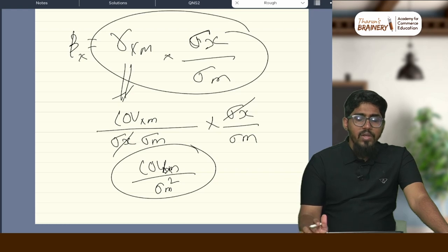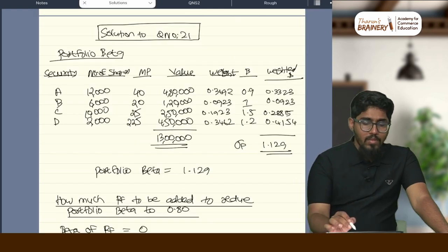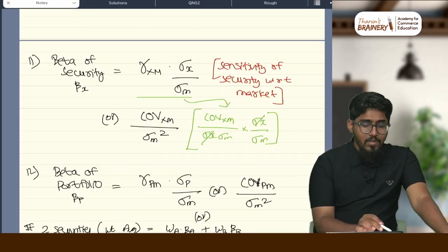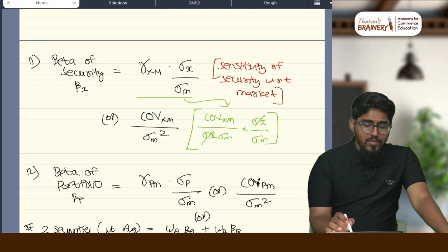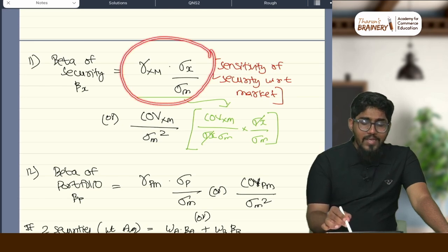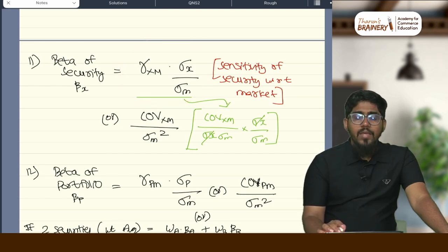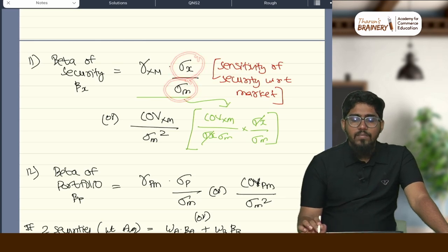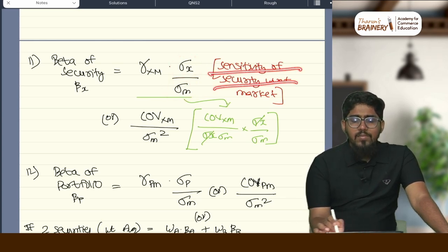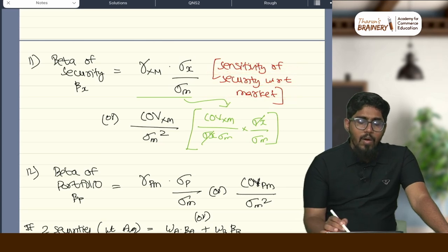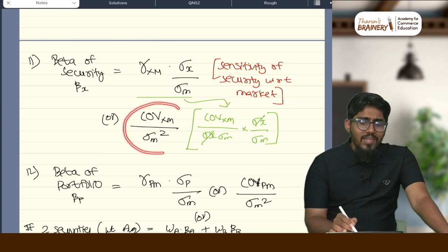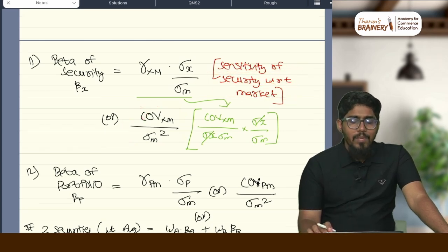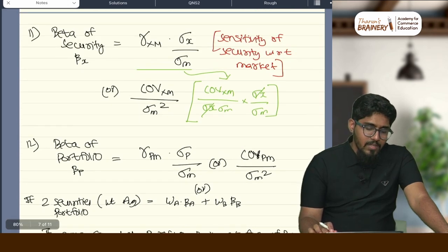Sir, what is the formula for beta? The formula for beta is R of X and M, correlation between X and M, multiplied by standard deviation of security divided by standard deviation of the market. It is also called the sensitivity of security with respect to market. Or else the second formula is covariance between the security and the market divided by the variance of the market.